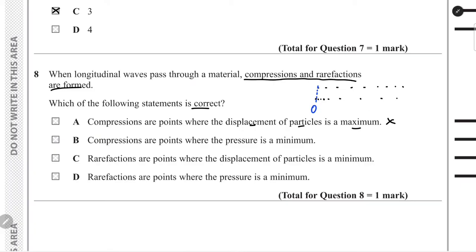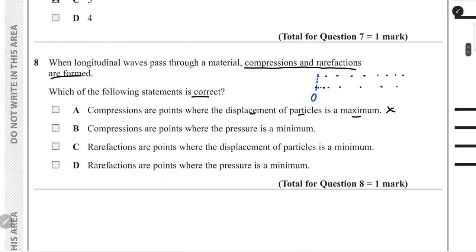It's not maximum. Now in the next option, we are told that compressions are where pressure is a minimum. This is wrong. In compressions, a lot of particles come close together. They become compressed. If particles come close together, the pressure increases. The pressure will be a maximum at compressions. The opposite is written over here.